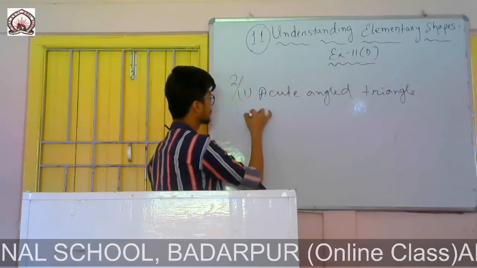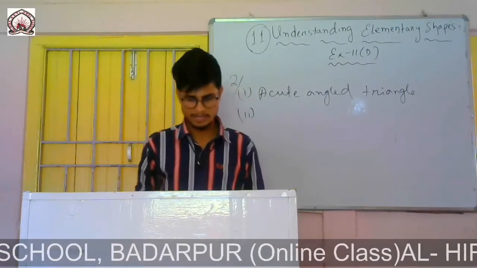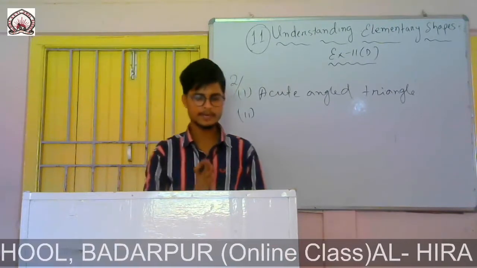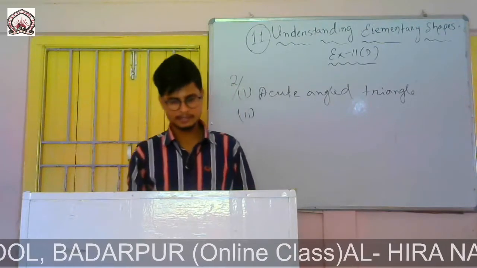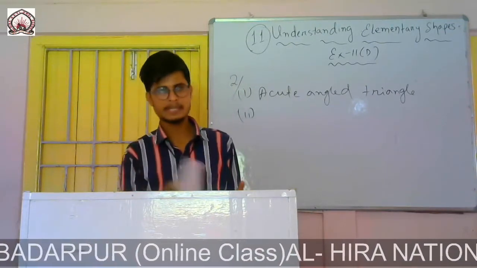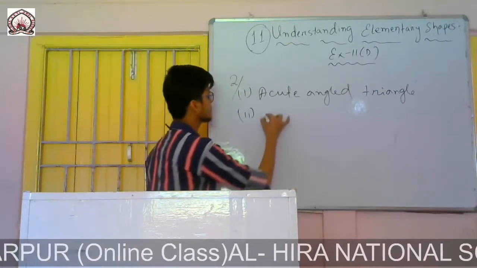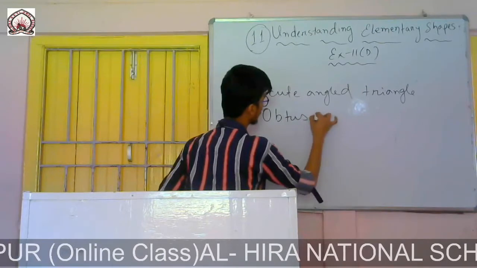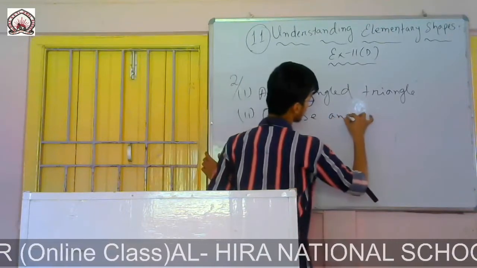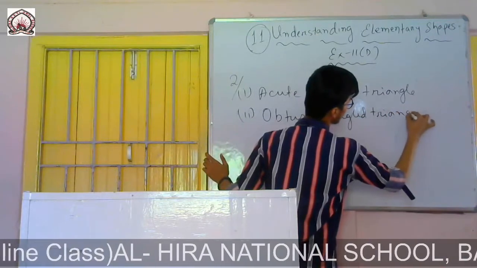Now Roman number 2. One angle is 20 degrees, another is also 20 degrees, and the third is 140 degrees. That means one angle is more than 90 degrees, it is obtuse, so we can say it is an obtuse angled triangle.